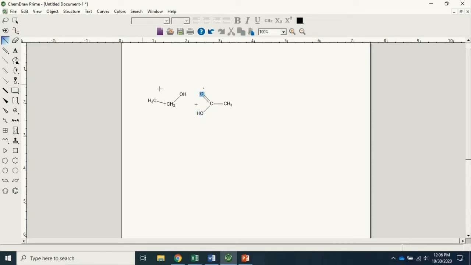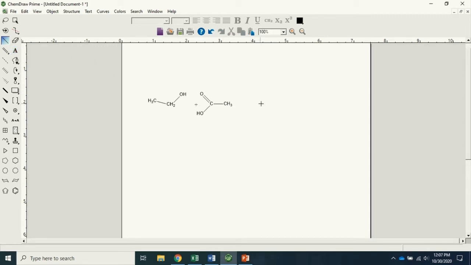So when this reacts with sulfuric acid and you heat this up to about 70 degrees, esterification will take place and it will result in this.